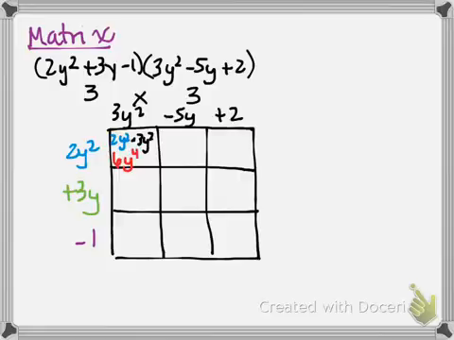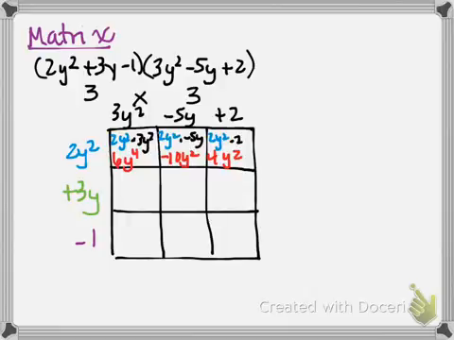And then for the next one, we're going to multiply 2y squared times the negative 5y, and we get negative 10y cubed. And we're going to multiply 2y squared times 2, and we get 4y squared for that area.